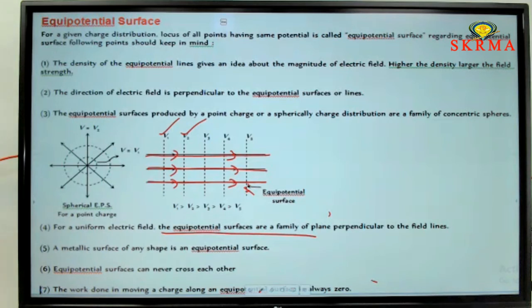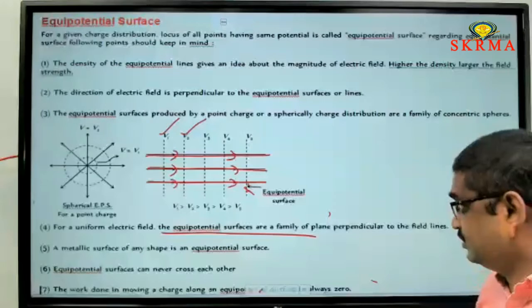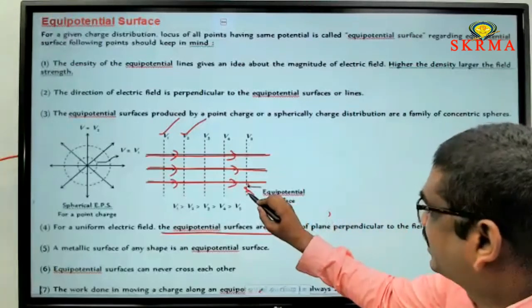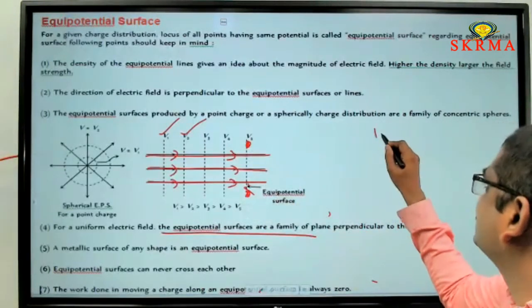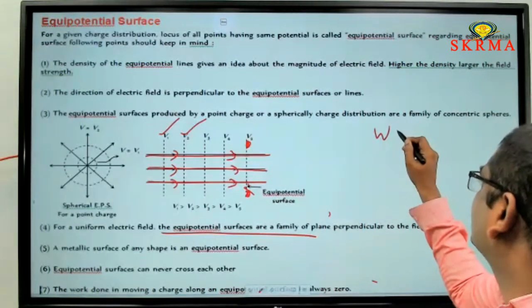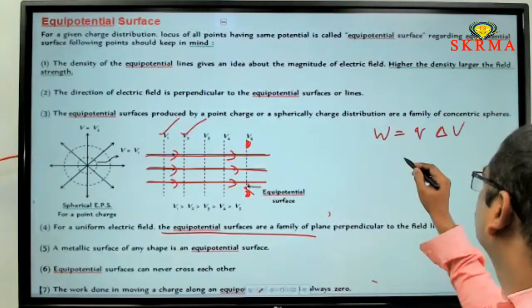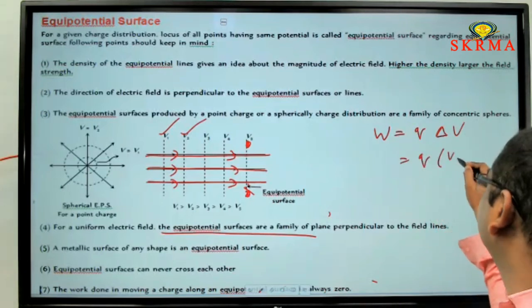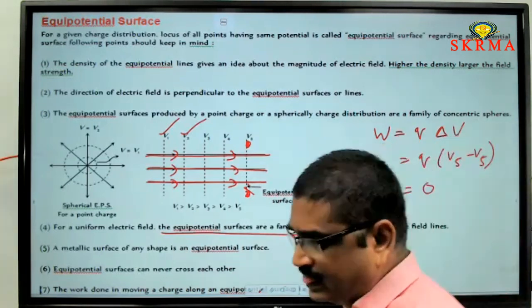Next, work done to move a point charge along an equipotential surface is zero. Why? Because the potential is the same here and also here. Work done is W equal to Q into delta V, so Q into V5 minus V5, which is zero.